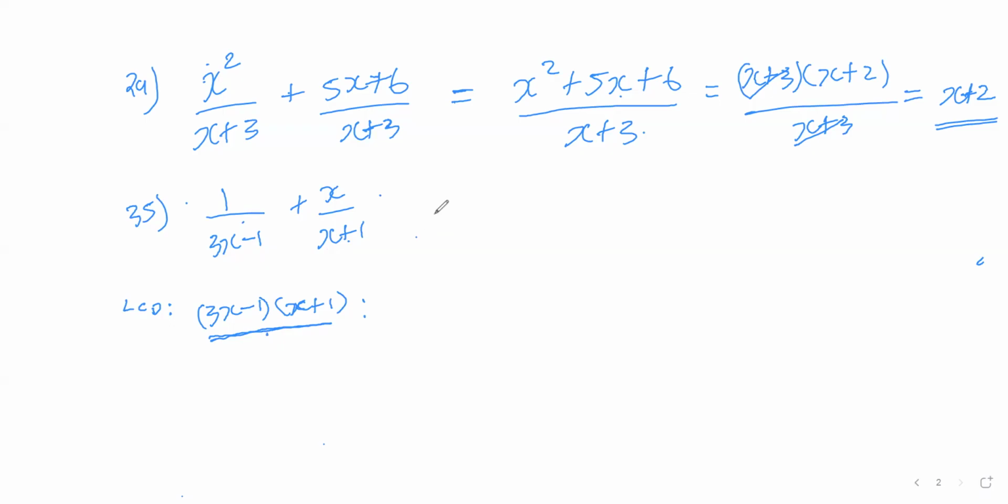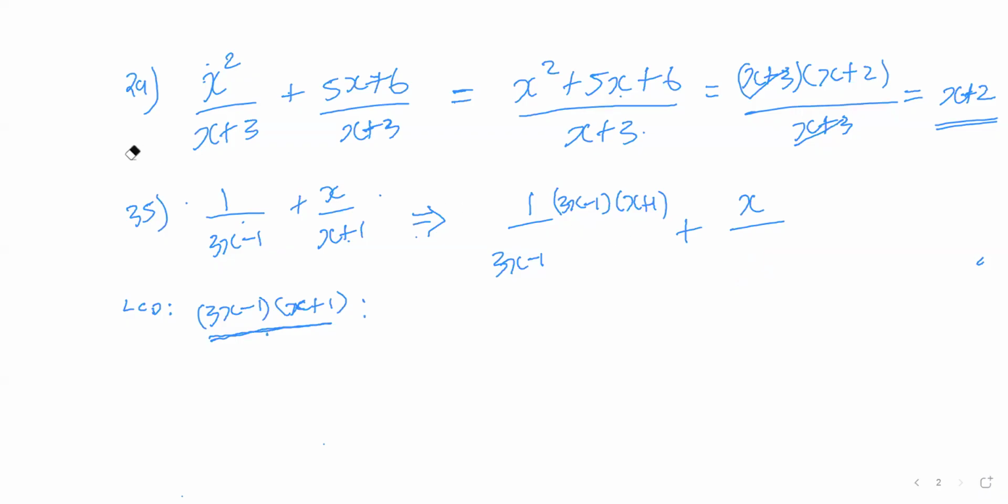Okay, so when you multiply each term by the LCD, and then you divide everything by the common denominator, this is then going to be 1 over 3x minus 1 times 3x minus 1 into x plus 1, plus x over x plus 1.